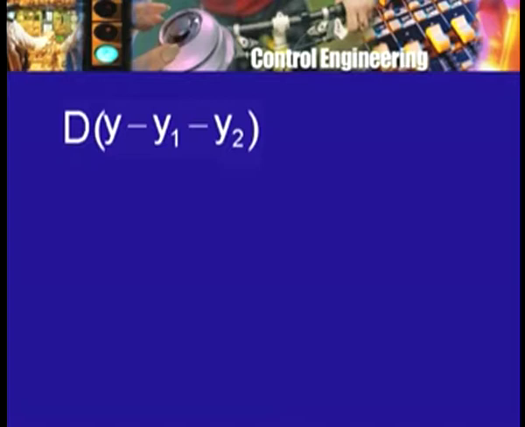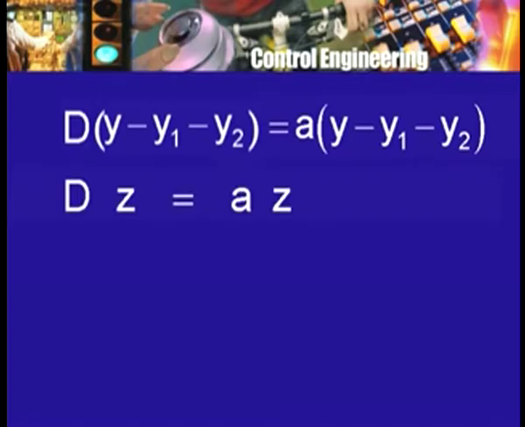So, I can write this as a multiplying y minus y1 minus y2, or since I have called this z, I have dz is equal to az. So, this difference between y and y1 plus y2, this z, satisfies the equation dz equal to az. Now, does it follow that z is equal to 0 for all time t?